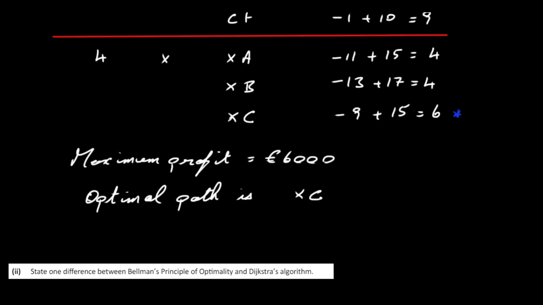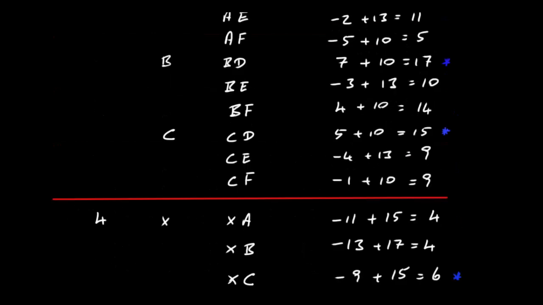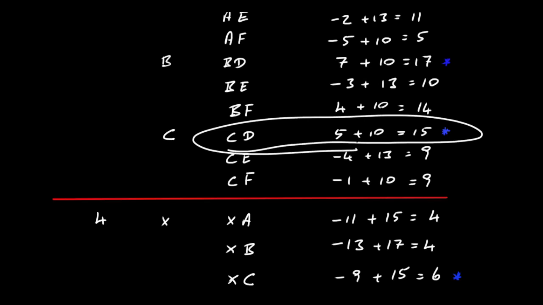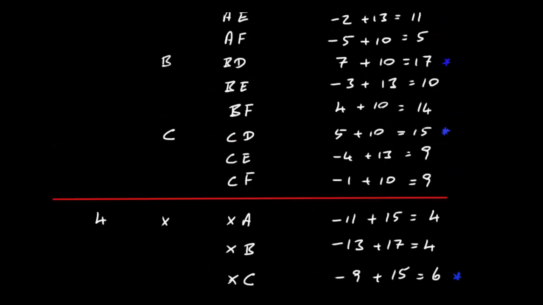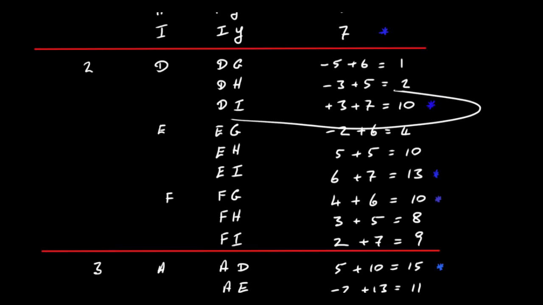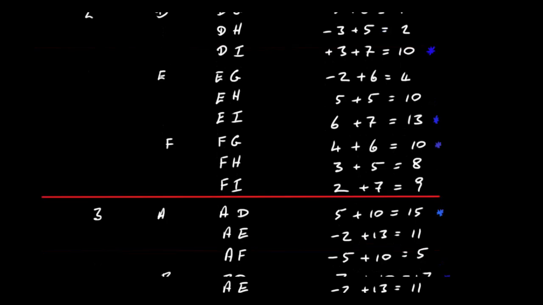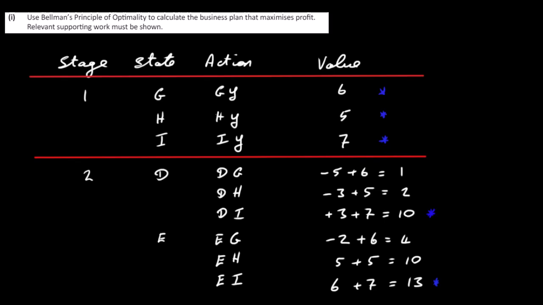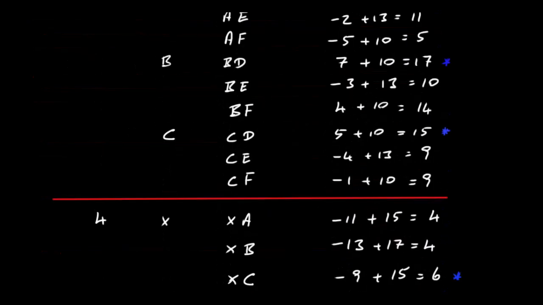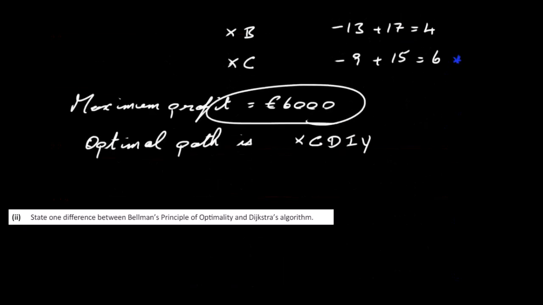And then if we go up to C, we can see that we need to go to D, so it's X, C, D. Then if we go up to D, up here we can see that we had a maximum value of 10, and that went to I, so it's D, I. And then if we go to I up here, we can see that we went to Y finally. That's the sink node. So that's our optimal path, and that's our maximum profit. So that's it for part A1.